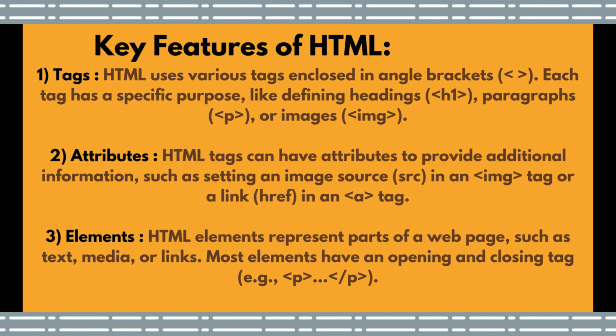The image tag has a specific attribute called SRC, which stands for source, to provide the link. Finally, the combination of the opening tag, the content inside the tag, and the closing tag is considered an element.